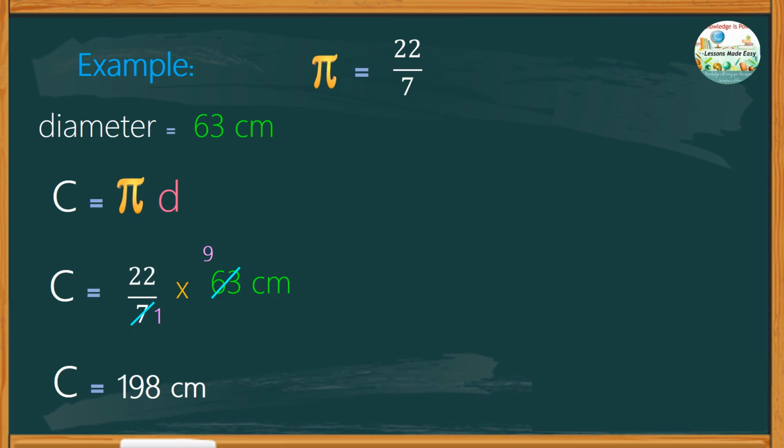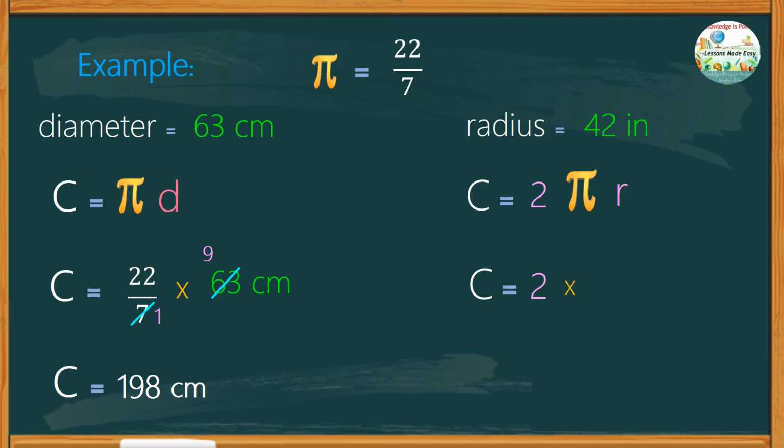Find the circumference of a circle with a radius of 42 inches. We can still use the formula pi d, but we have to double the radius. Or we can use the common formula for circumference, which is 2 pi r. Then, substitute the values. Circumference equals 2 times pi, which is 22 over 7, times the radius of 42 inches.